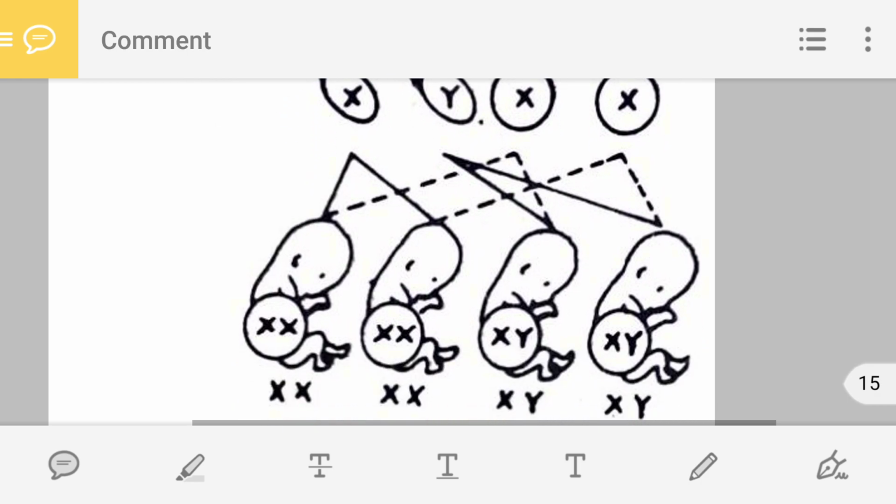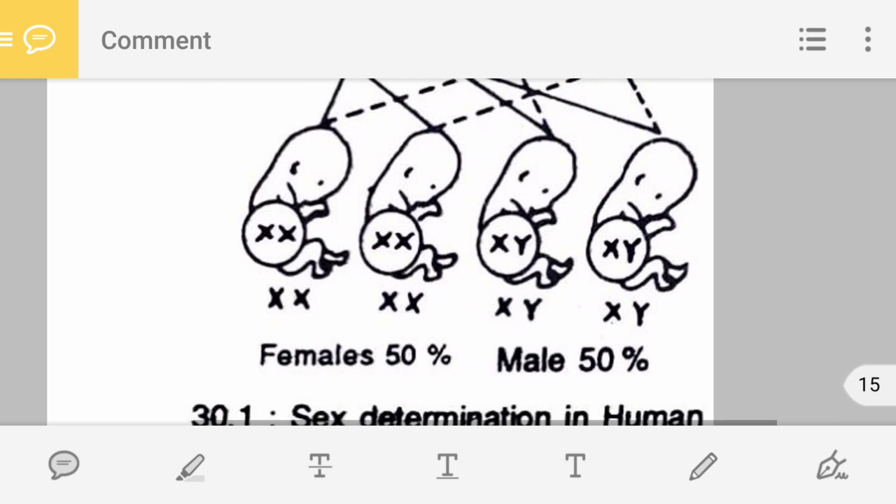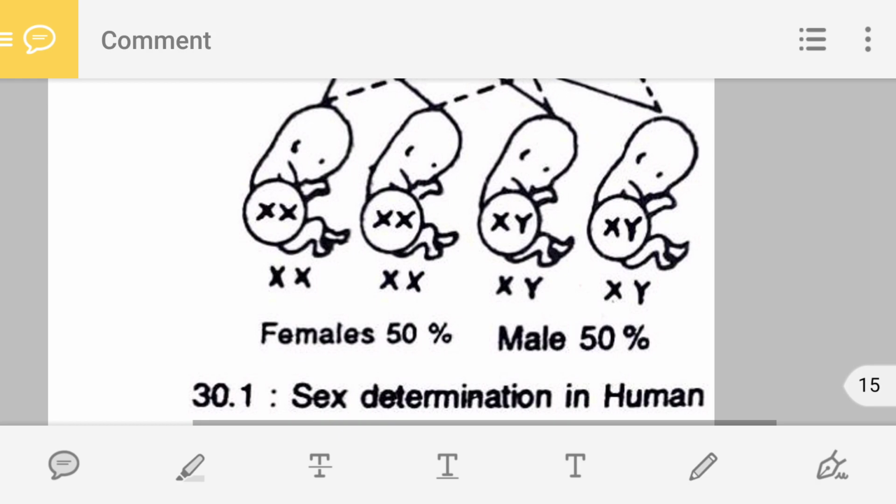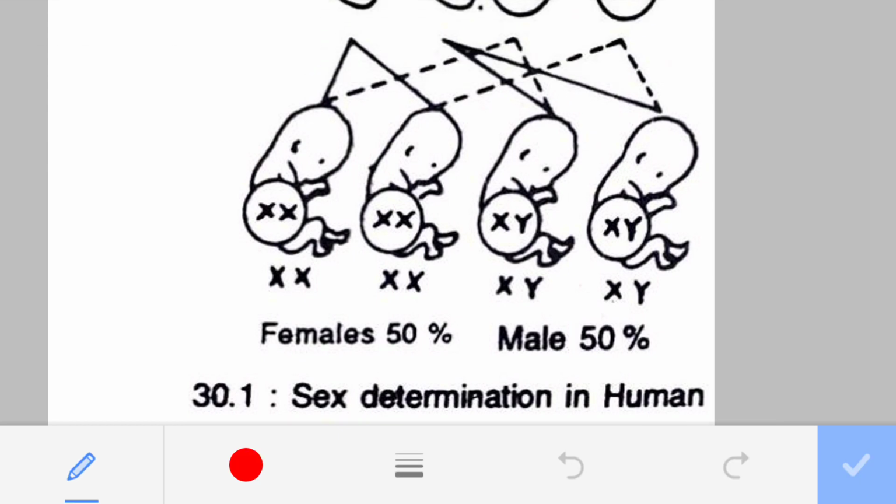So now we can say the chances that the pregnant mother will give birth to a boy or girl are 50-50. It is like tossing a coin. If you toss a coin, the head can come, and the tail can come.